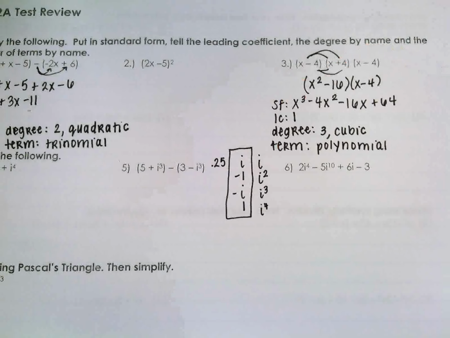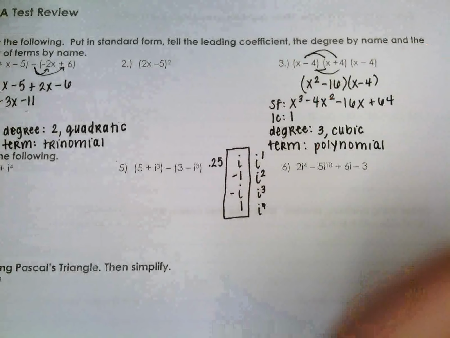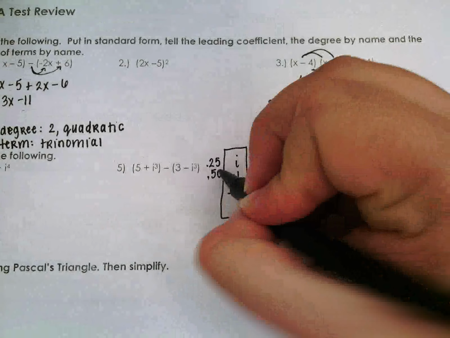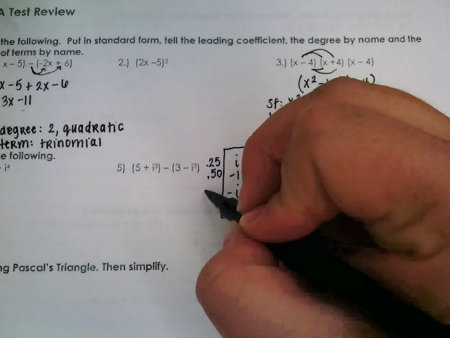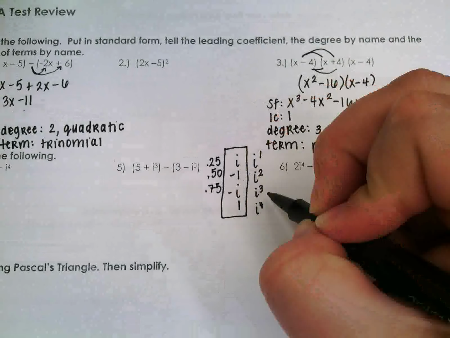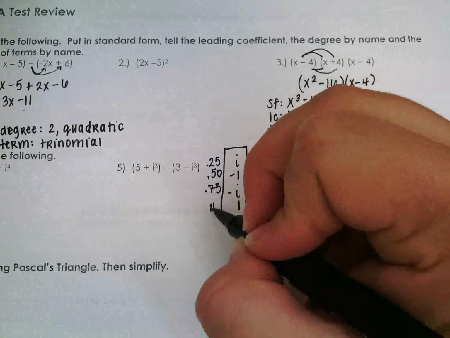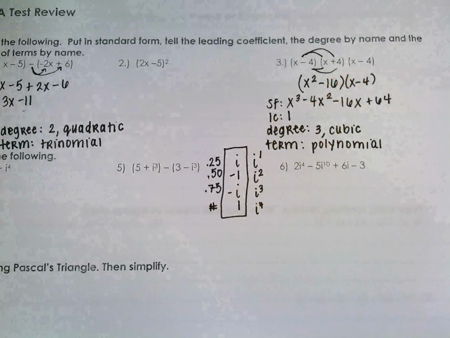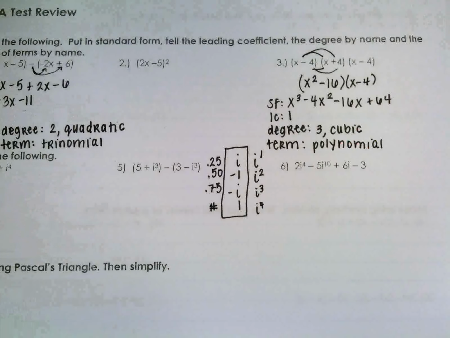If I get a remainder of 0.25, my answer is going to just be I to the 1st, or I. If my remainder is 0.5, it's I squared, and I squared equals negative 1. If my remainder is 0.75, it's I cubed, and I cubed equals negative I. And if I get a whole number, so no remainder at all, it's really I to the 4th power, which is really just equivalent to 1.